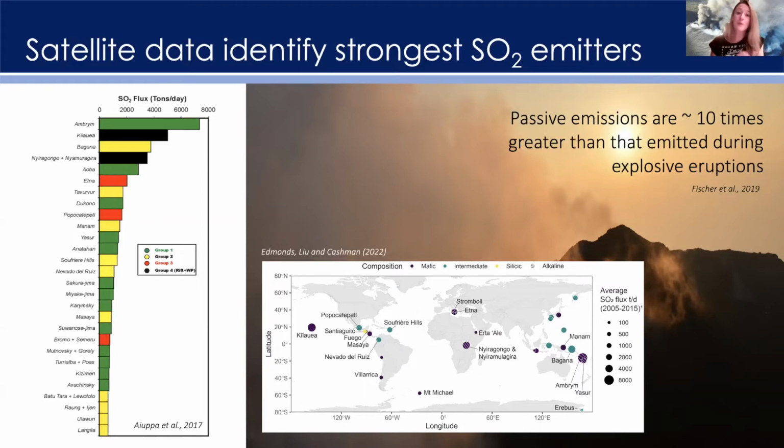And actually what we see is that passive emissions release around 10 times more gas than is emitted during explosive eruptions. So if we're interested in the total amount of gas released by volcanoes, it's these low level but persistent volcanoes that are by far the most important. When we think about the environmental impacts, it reverses. Next slide, please.